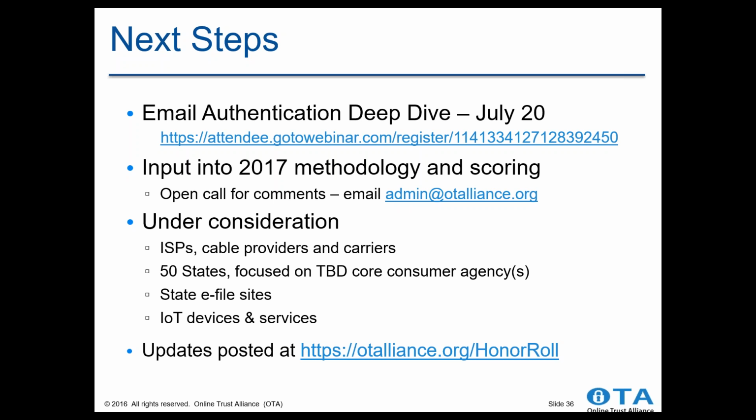One other good example of growth is, you may recall in February we did an audit of the 13 free e-file providers. These are IRS approved sites where you go to submit your free tax returns. Of the 13, 6 of them received failing grades.